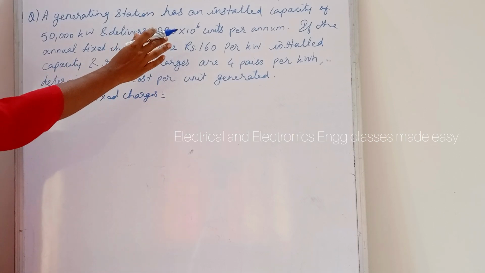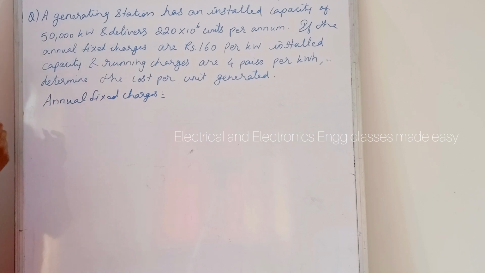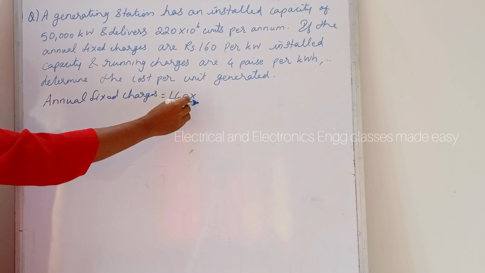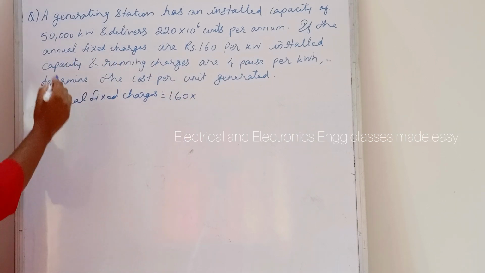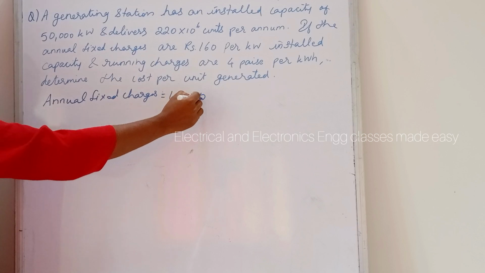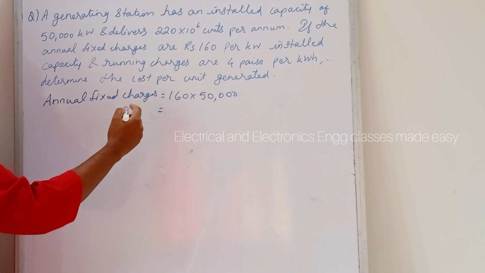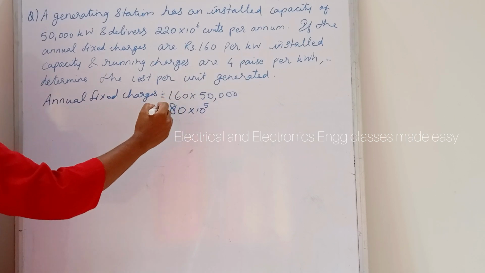The installed capacity is 50,000 kW. So it is equal to 160 into the installed capacity, that is 50,000, and that is equal to 80 into 10 raised to 5 rupees.